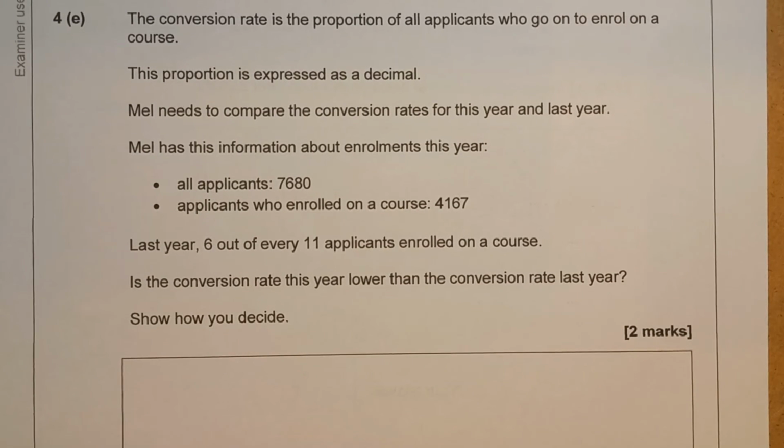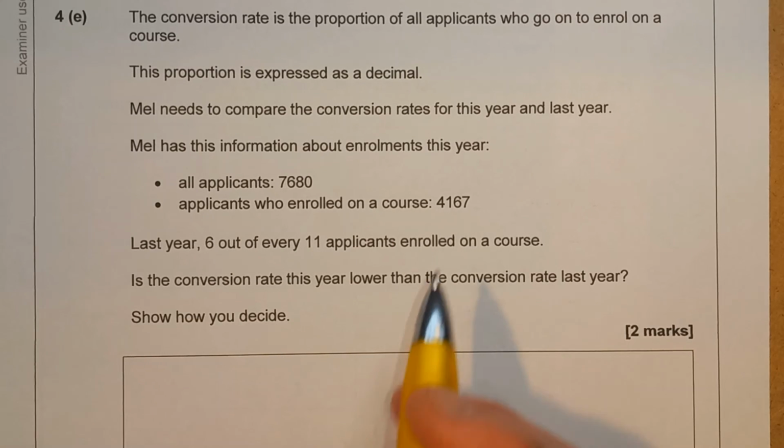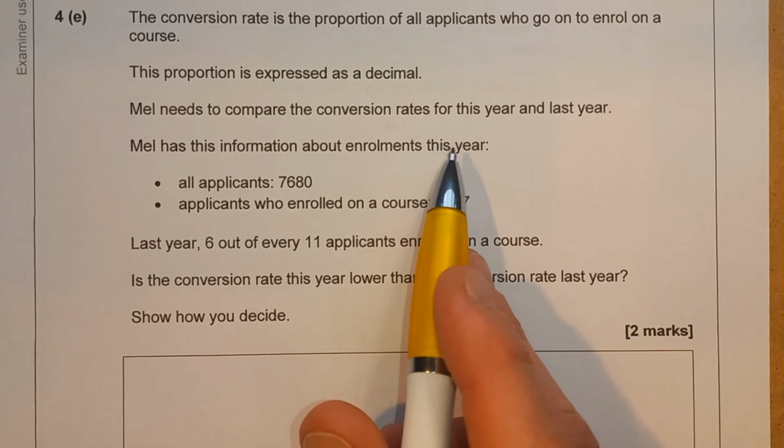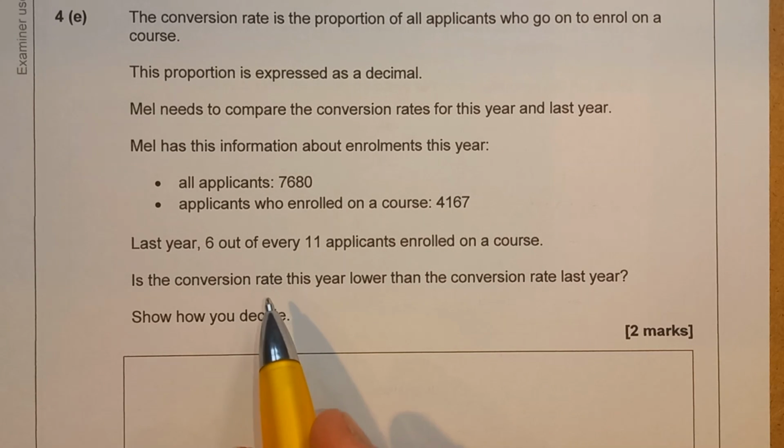E. The conversion rate is the proportion of all applicants who go on to enrol on a course. This proportion is expressed as a decimal. Mel needs to compare the conversion rates for this year and last year. Mel has this information about enrolments this year.